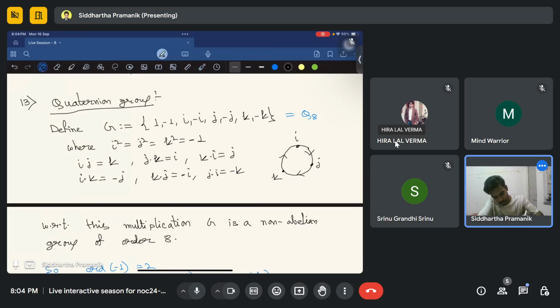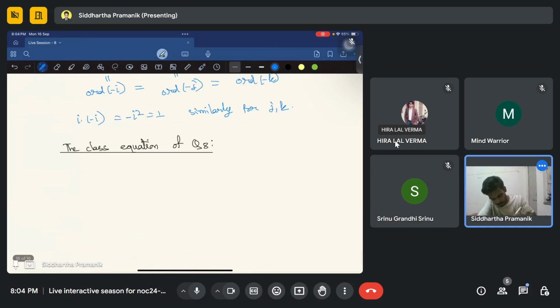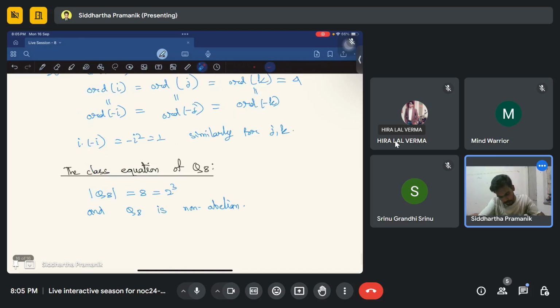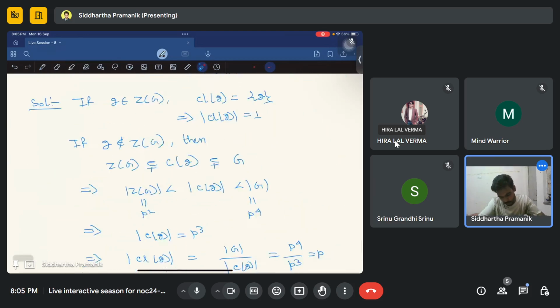Or we can observe that the order of Q8 is 8, which means its order is 2q, and it is non-abelian. We have done the class equation for groups of order pq.